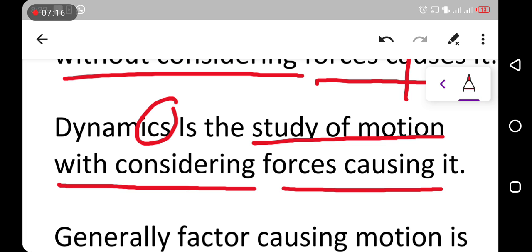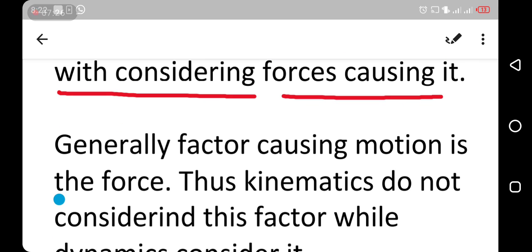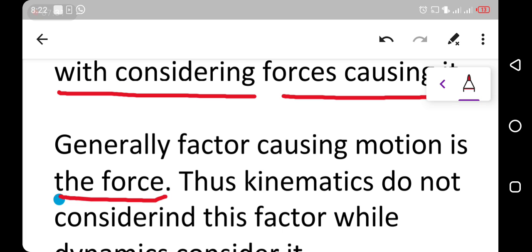Generally, the main factor causing motion is force. So force is the factor that causes motion.